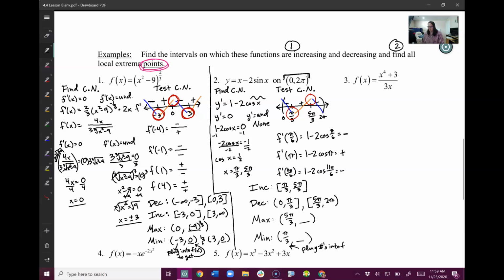Plug 5 pi thirds into f. And I'm not even going to simplify this time because why should I if I don't need to, right? So I've got 5 pi thirds minus 2 sine of 5 pi thirds. Just plugging it into the original. And pi thirds minus 2 sine of pi thirds. And there we go. So that's all of our answers for number 2.